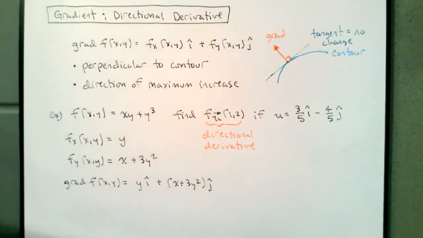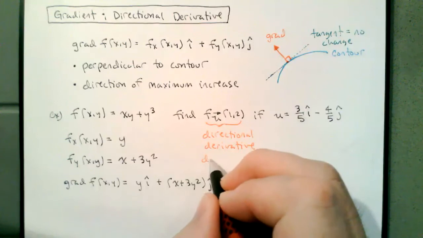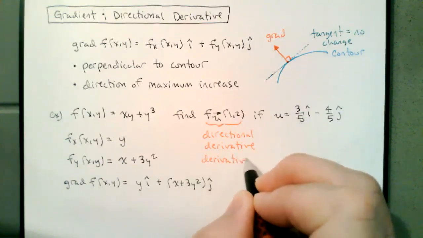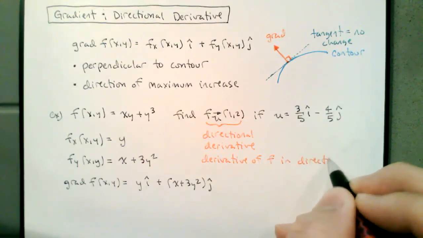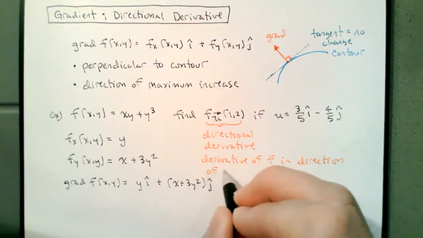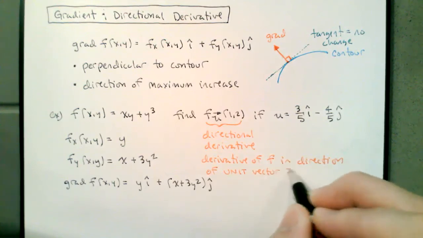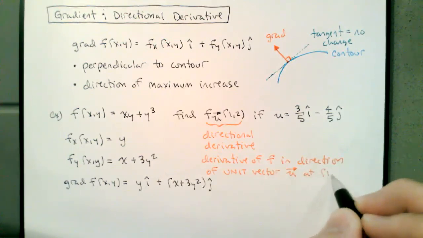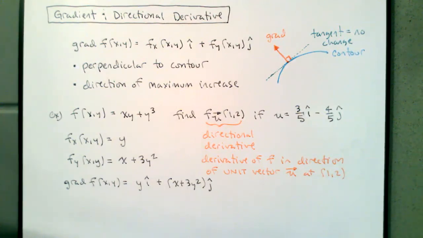It's the derivative of f in the direction of unit vector u at the points 1, 2. So if I want to ask you for a directional derivative, I not only have to give you a point to plug in, I have to give you a direction to go. I need 2 things.